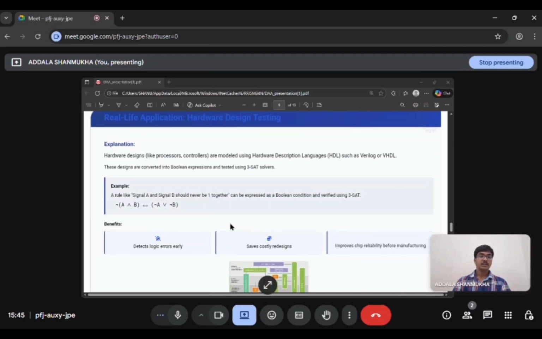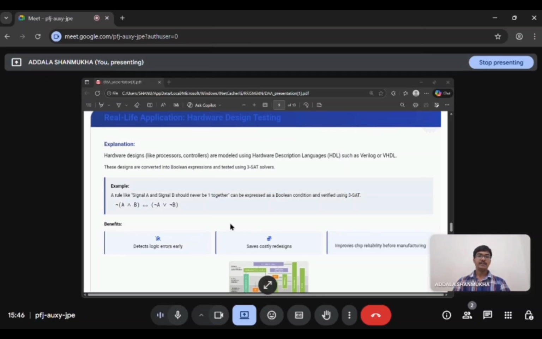Tools convert this design into Boolean expressions and then into CNF, so a 3-SAT solver can test it. For example, a rule like signal A and signal B should never be one at the same time can be written as negation of (A and B), which is the same as negation A or negation B.